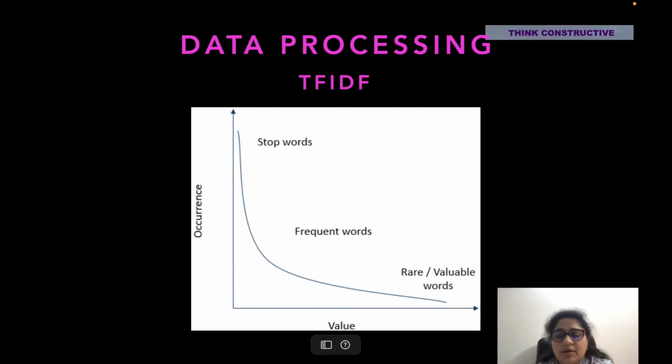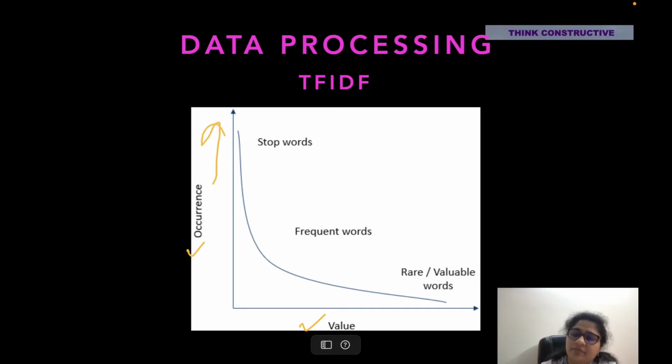So this is one graph which is given in your book. It shows the relation between occurrence and value. We always remove stop words. Why? Because their occurrence is very, very high.